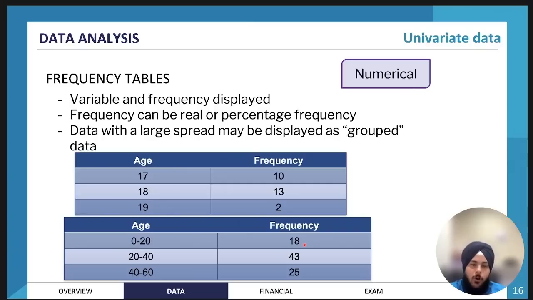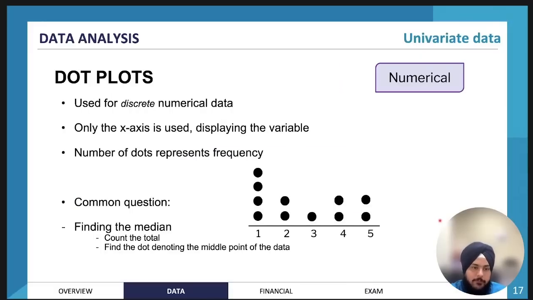This way, the data is a lot more useful, and it enables us to see the patterns in the data a lot more easily, as opposed to recording the individual ages, where the data doesn't really mean anything. This way, we can immediately see that the most frequent age group is those aged 20 to 40 years old. So it's really important to notice the difference between frequency tables in numerical and categorical data.